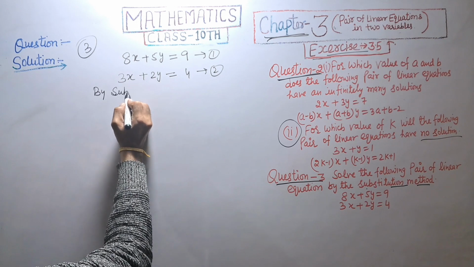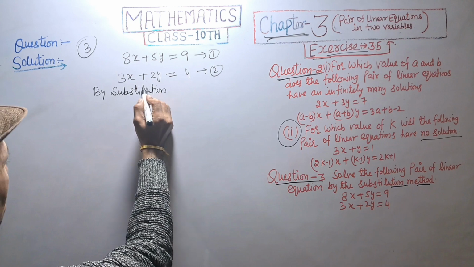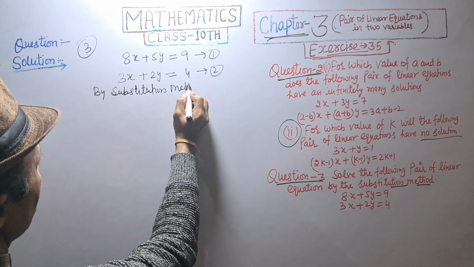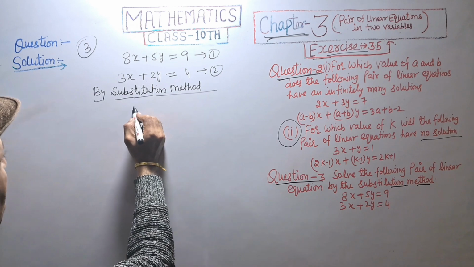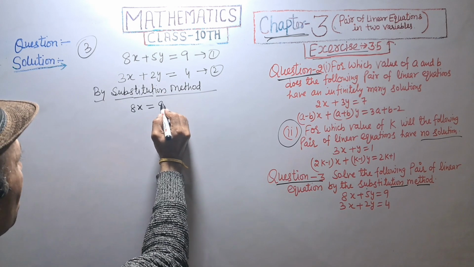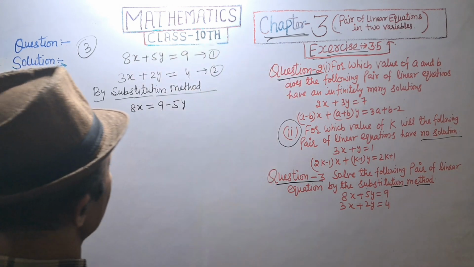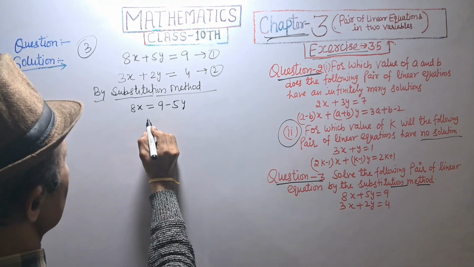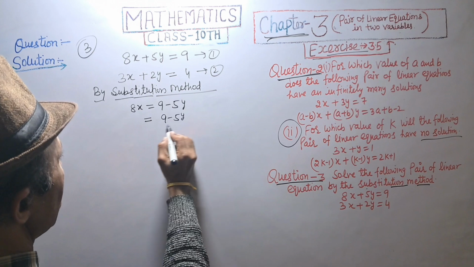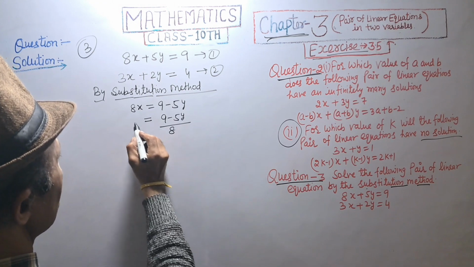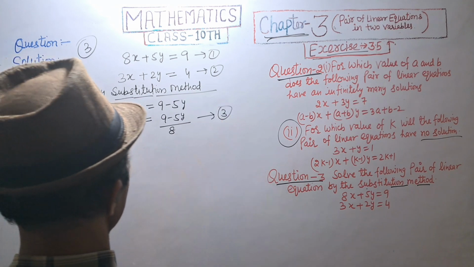By substitution method, 8x is equal to 9 minus 5y. First of all, we are shifting 5y to the right side. X is equal to 9 minus 5y upon 8, equation third.